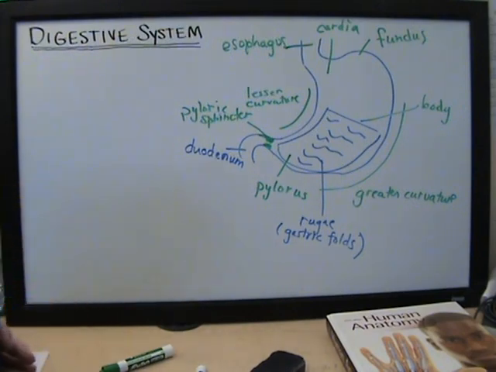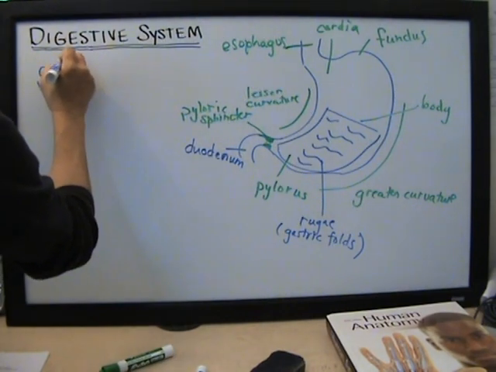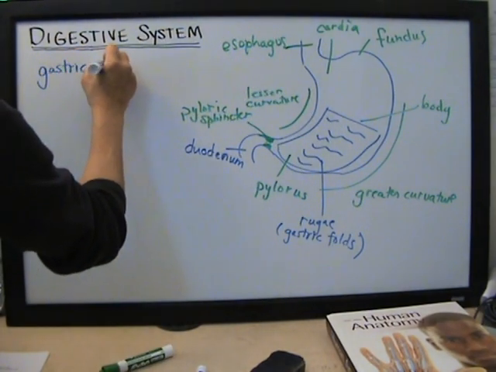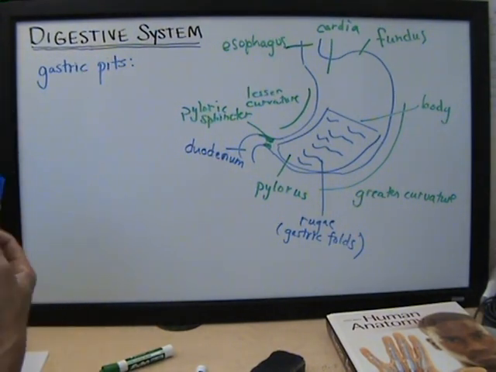Alrighty, now within the wall of the stomach, within the mucosa are what's called gastric pits, because the stomach is special in that it has special cells that secrete different substances.